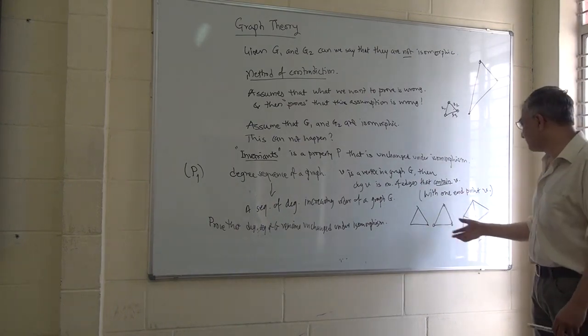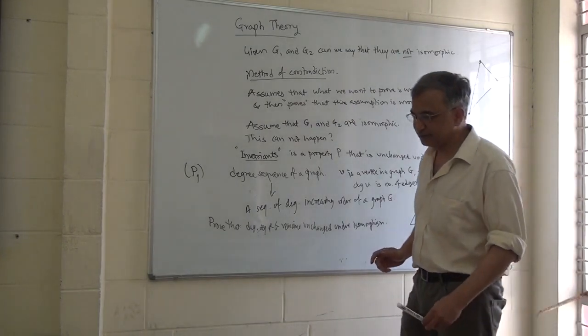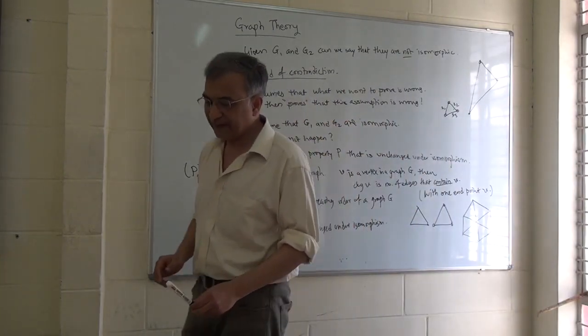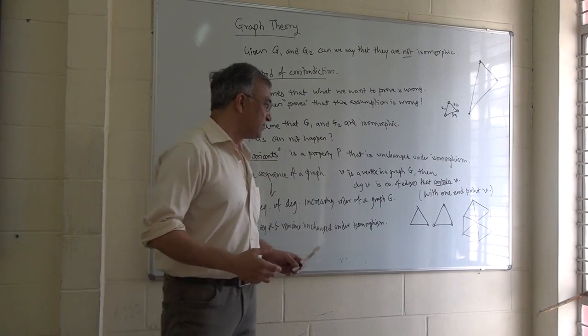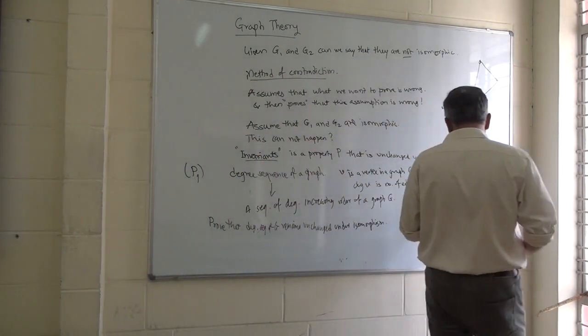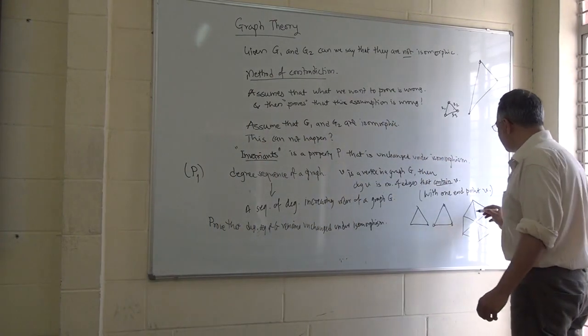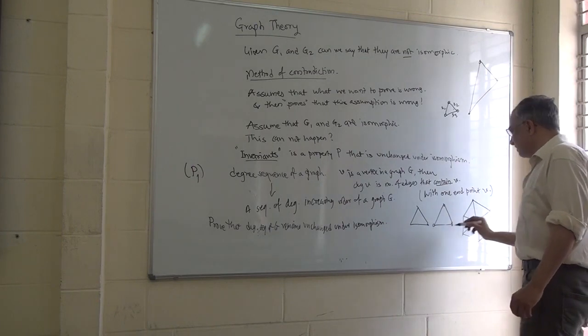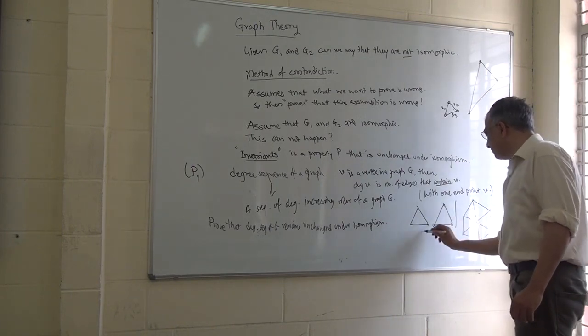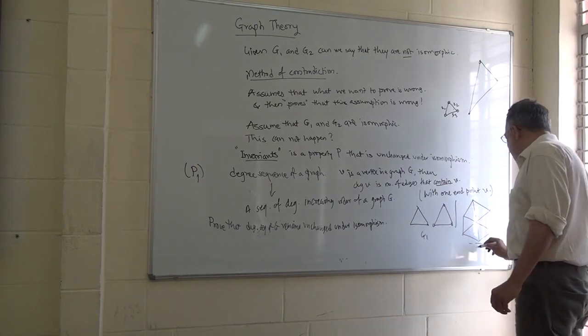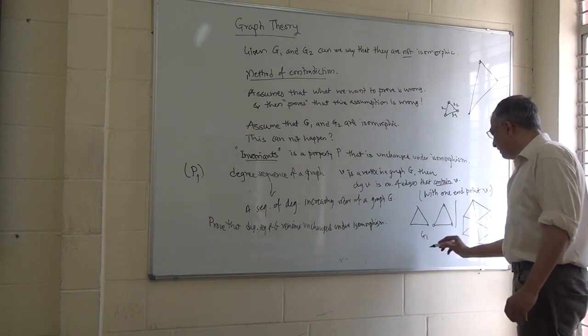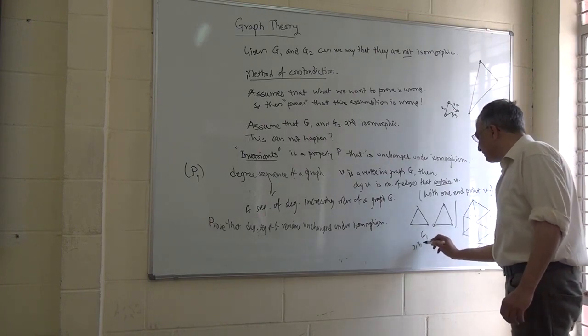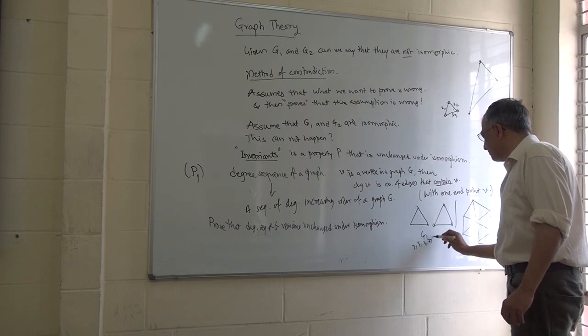Now both have six vertices, and the degree sequence of both is 3, 3, 3, 3, 3, 3. Each vertex has degree 3. So the degree sequence of this G1 and of this G2 is just 3 repeated 6 times.